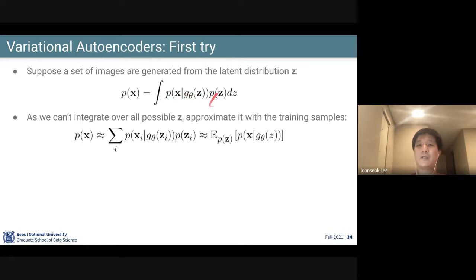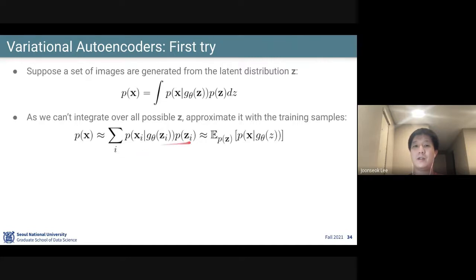We cannot count all the possible Z vectors. So we have only some finite number of samples, so it is approximated as a sum of those samples. That's usually what we do with machine learning, right? So instead of integration, we have summation over all the images we have.